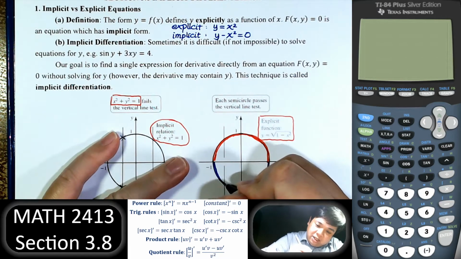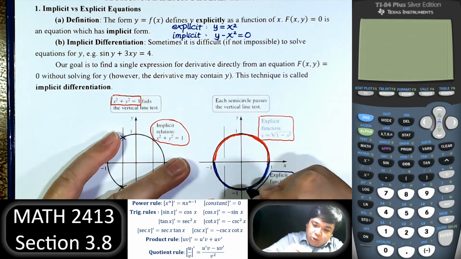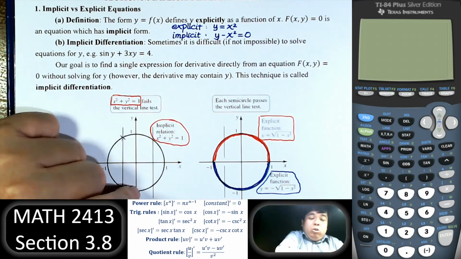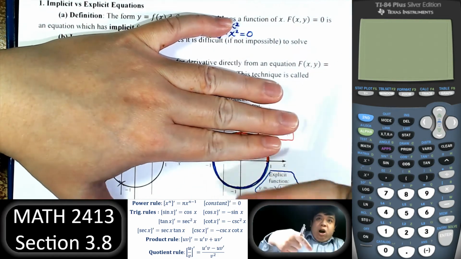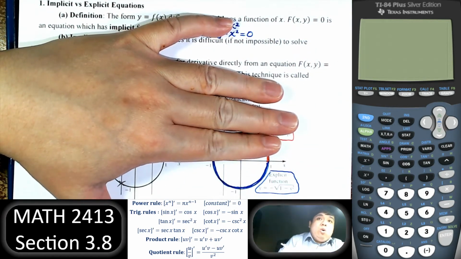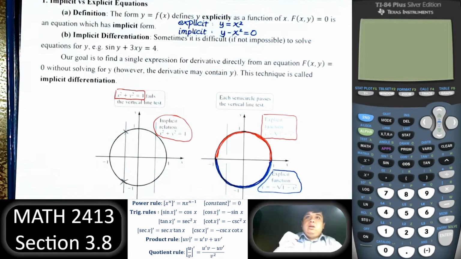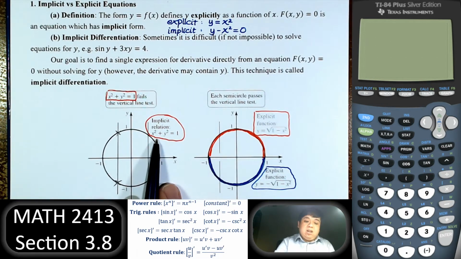So in that case, yes, those two explicit functions together combined give us the implicit relation. If we only have a half and draw a vertical line, it will cut the graph at 1 point, so it passes the vertical line test. Therefore, those two are functions. And this is not a function. This is just an equation.